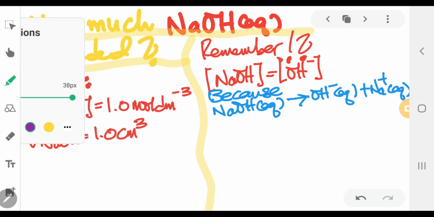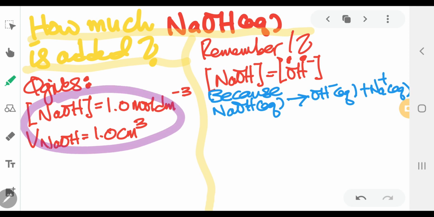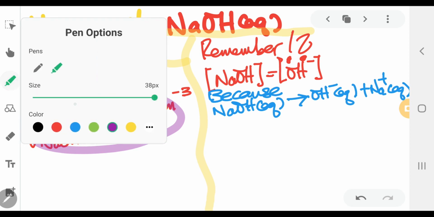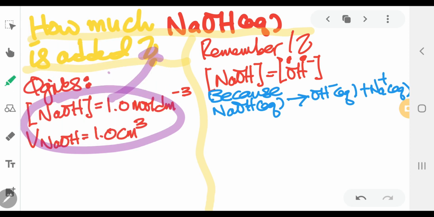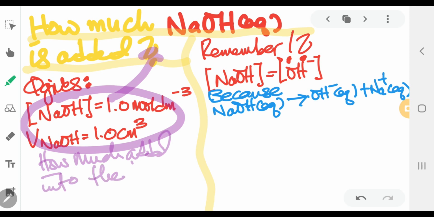Okay, bear in mind, this is the information of how much sodium hydroxide is added into the buffer. Remember that.